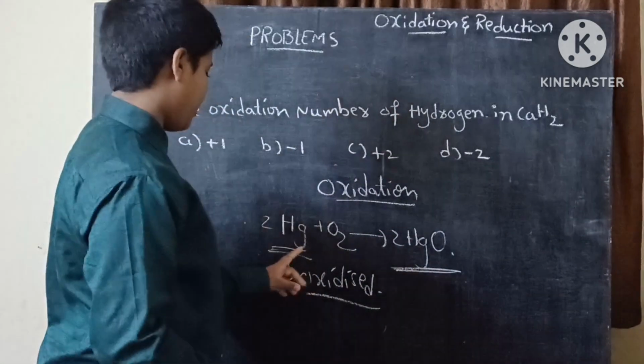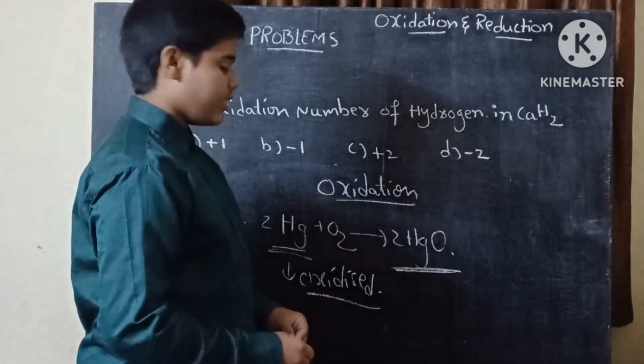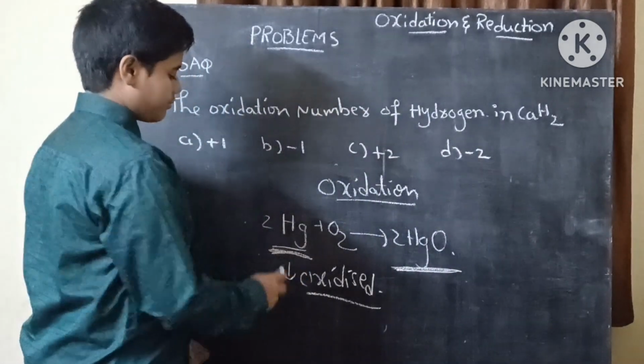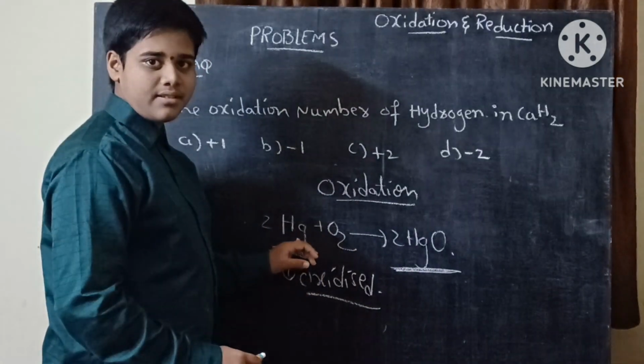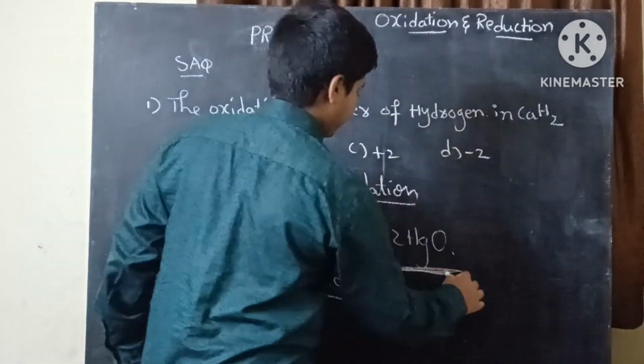Addition of oxygen is known as oxidation. Before the reaction, the oxidation number of mercury is some X, and after oxidation it becomes 2X.